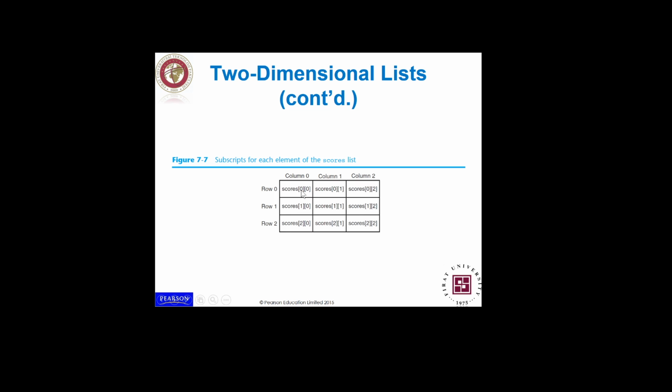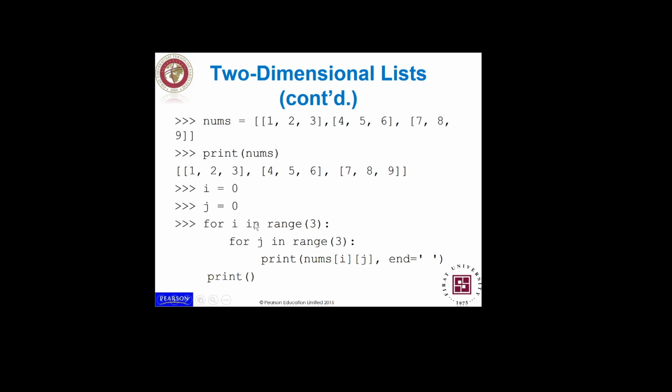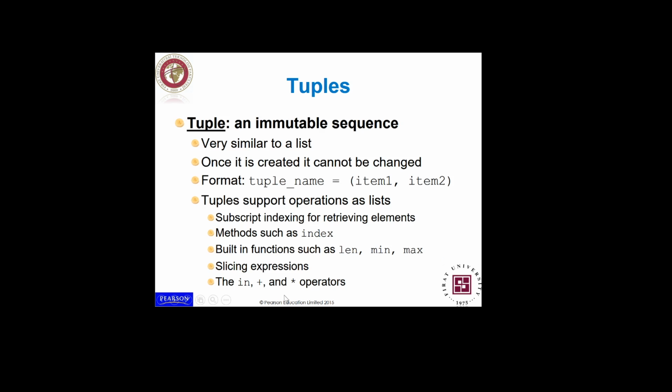If you remember, look at here, for row 0, we change column 3 times, and the same goes to all other rows. So here the row changes from 0 to 1, 2, so 3 times, and for each of these 0, 1, 2, we have a J indicator of the column that changes 3 times. And then this will display it for you row after another. That means 1, 2, 3, the next row, 4, 5, 6, the next row, 7, 8, 9.